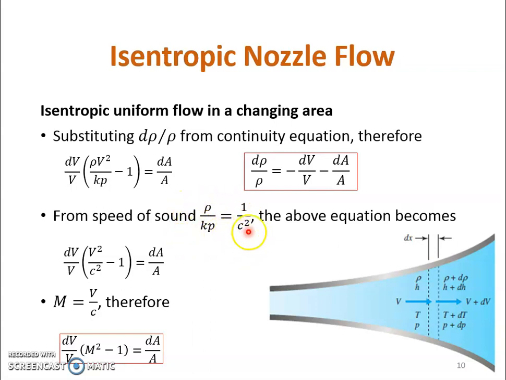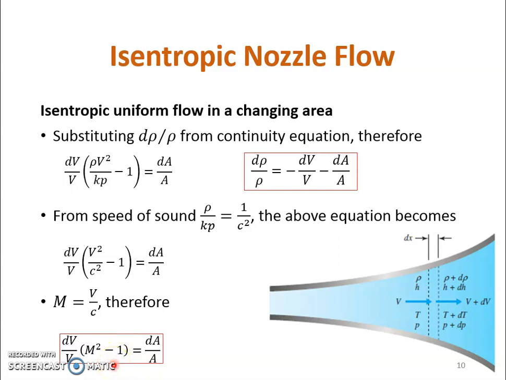So we can just replace it back. We get it in terms of v square over c square, and because v over c is the Mach number, we can replace the Mach number inside this expression.